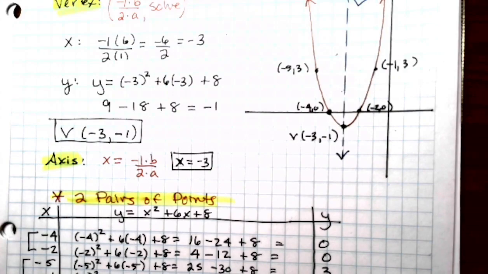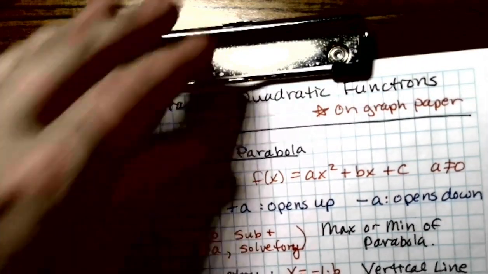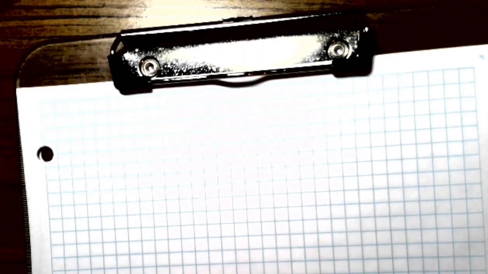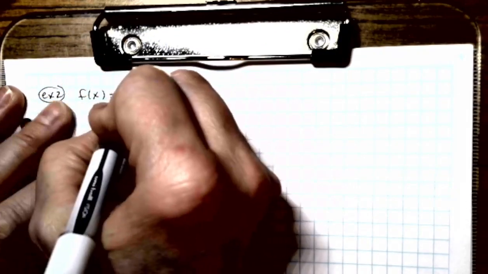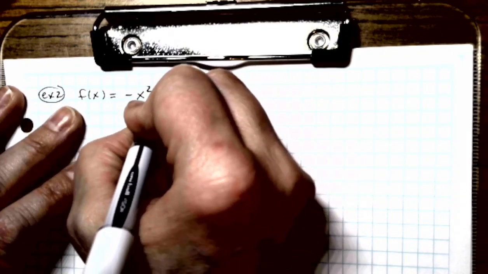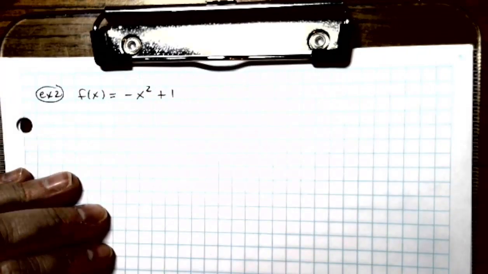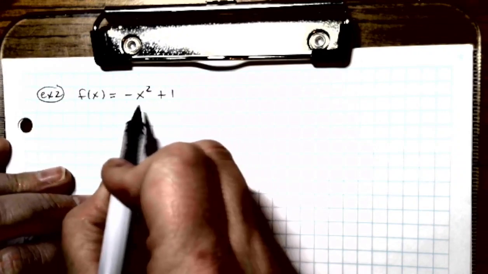All right, we're going to flip the page and we're going to try another one of these. This time we'll try one that's opening downward. All right, so this is example 2. We're going to do f of x equals negative x squared plus 1. Okay, so you notice it doesn't have an x term.